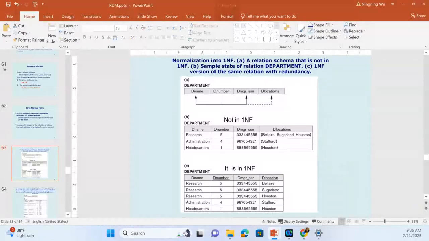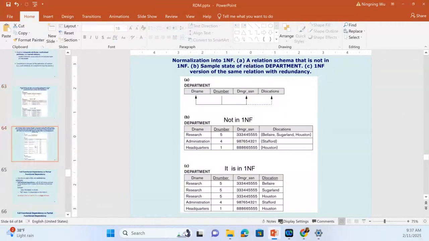The second department table or schema satisfies the 1NF definition. 1NF simply requires that every attribute must have atomic values.